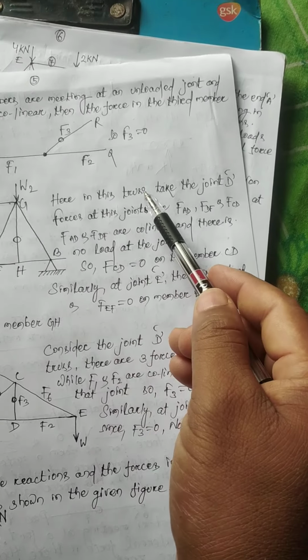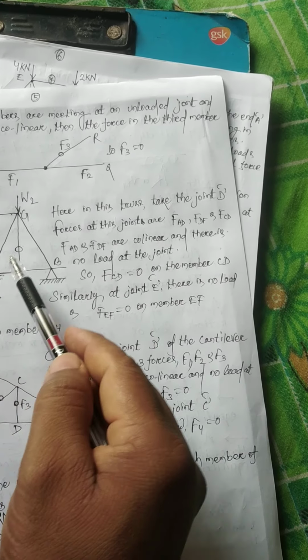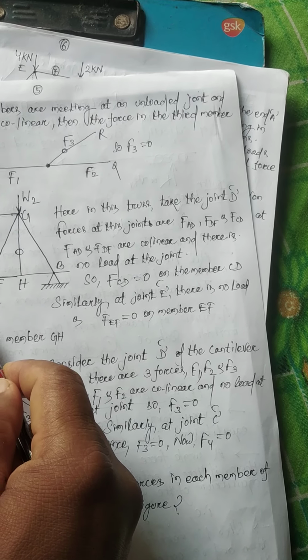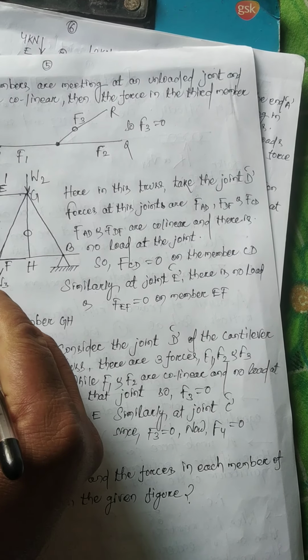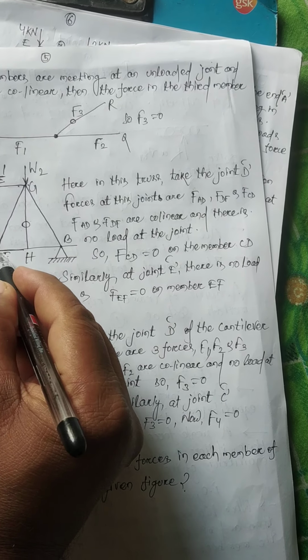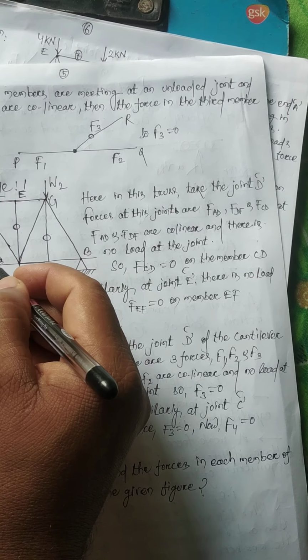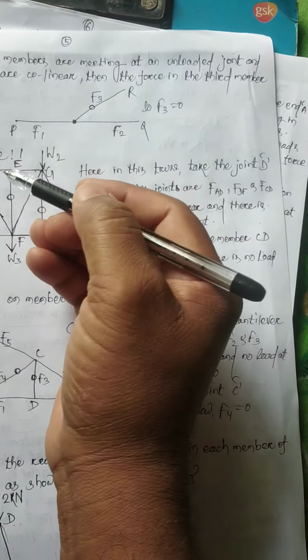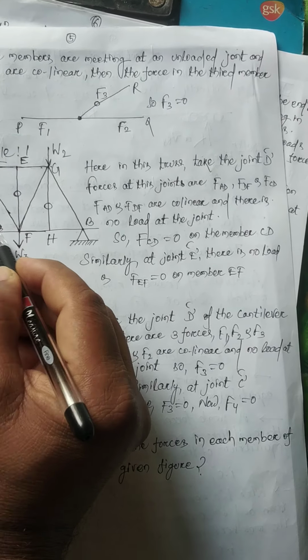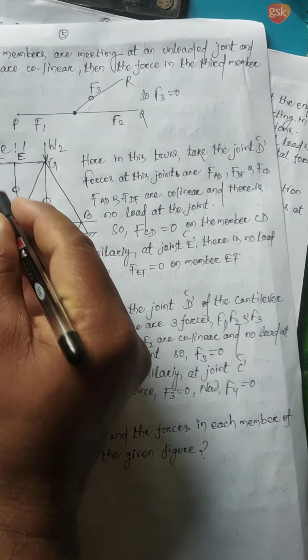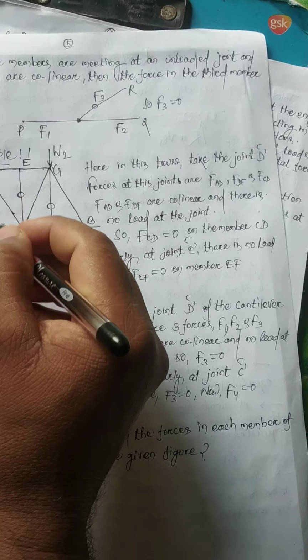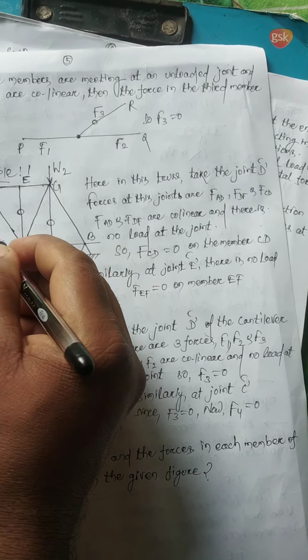See here in this truss, take the joint D. Now take the joint D. See, there are three members: member AD, member DF, and another member CD. Now see, already we have discussed these two members are collinear. So the force on the other member CD should be 0.